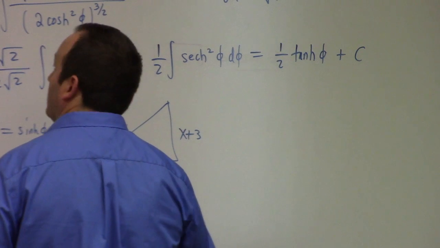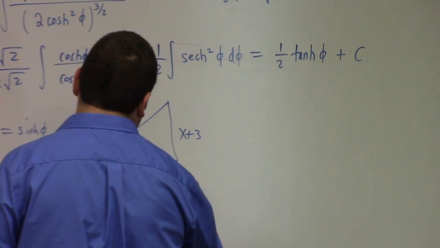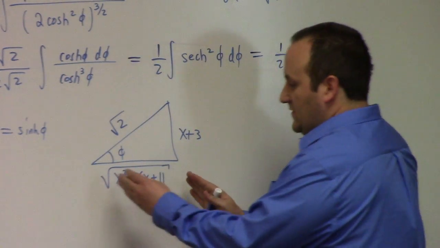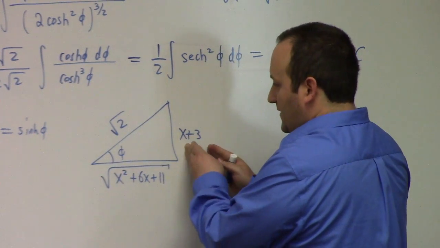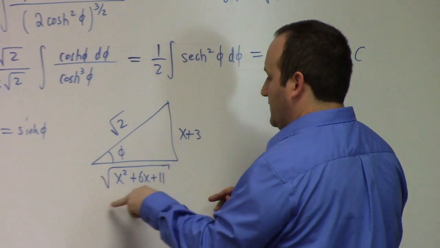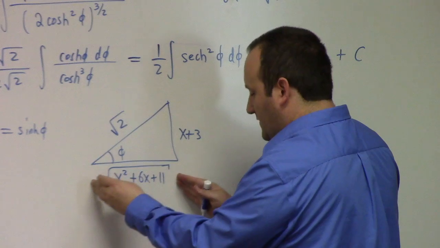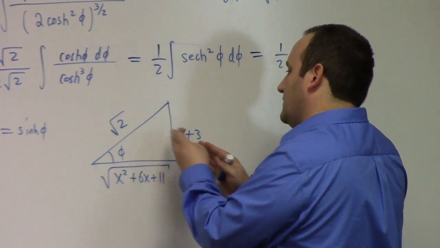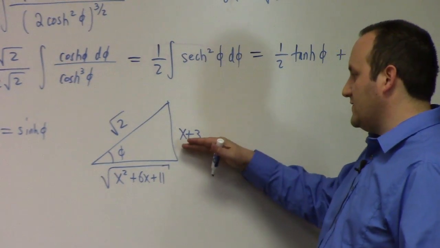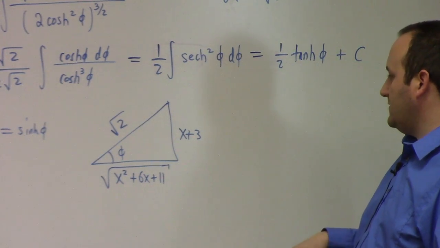It's gonna be the square root of x squared plus 6x plus 11. I didn't really think through it, but if this is right, the difference of the square of the adjacent side and the opposite side should again be the hypotenuse squared. And this squared minus that squared is in fact 2. That's good.